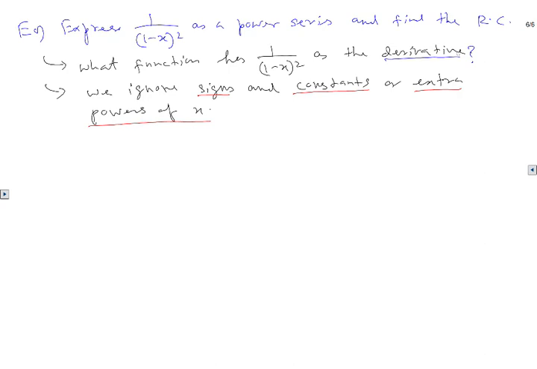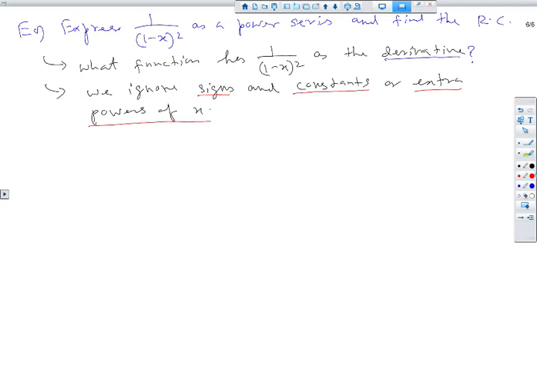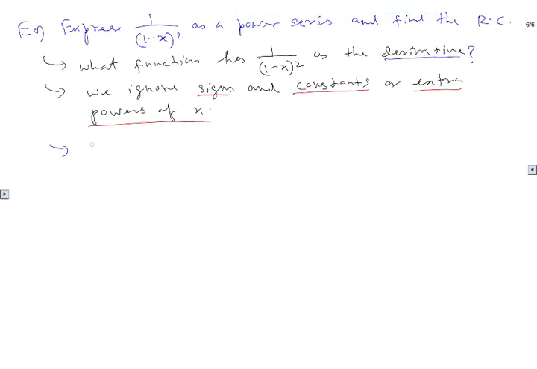So we know that when you have a quotient, when you take the derivative, it increases the power. So we notice this one: 1 over (1 minus x) squared is closely related to the derivative of 1 over 1 minus x.